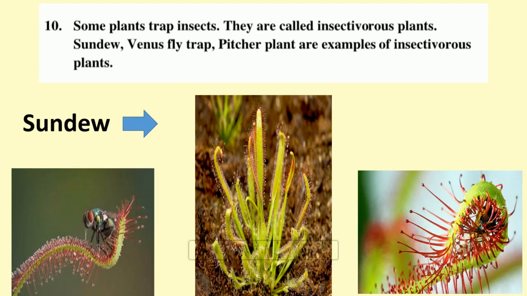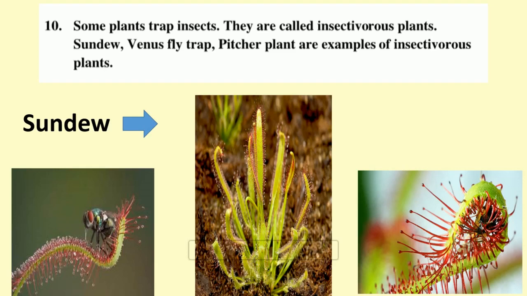Insects include flies, crickets, beetles, butterflies, bees and mosquitoes. Now understand what an insectivorous plant is. A plant that captures and digests insects is called an insectivorous plant.